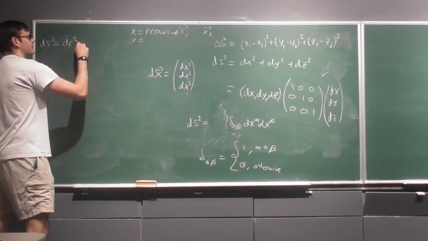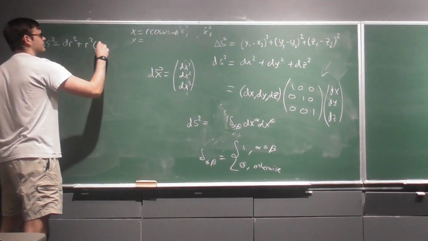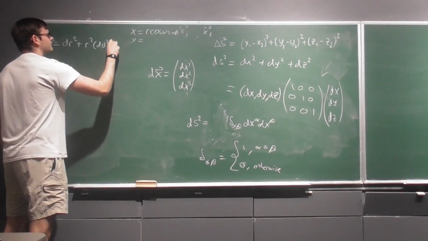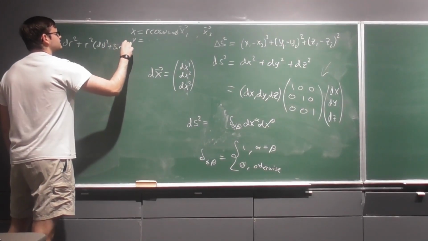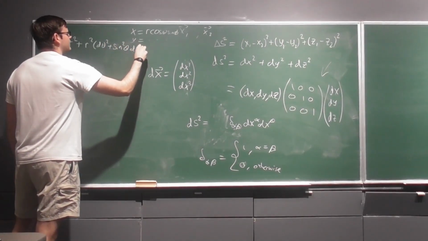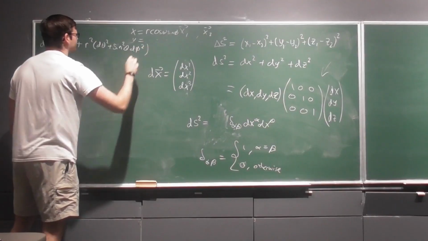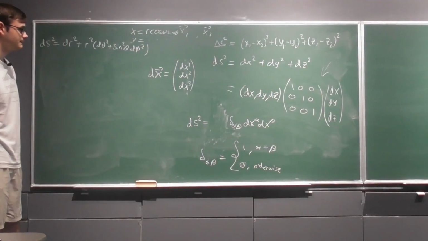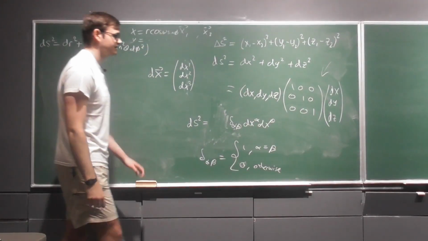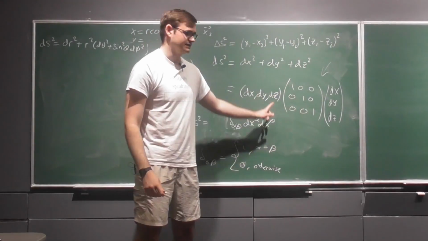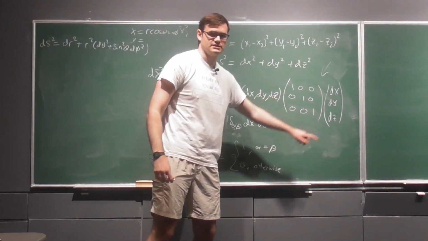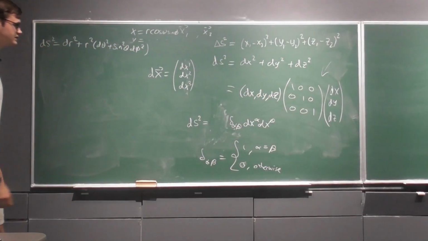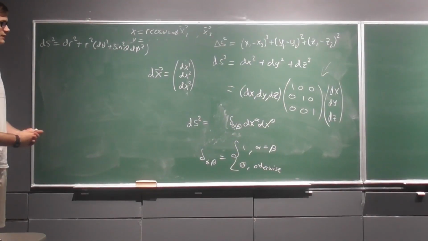It'll become dr squared plus r squared d theta squared plus r squared sine squared theta d phi squared. So it's a lot more complicated, and you'll see that the metric is no longer 1, 1, 1. It's actually like 1, r squared, r squared sine squared theta. So it can become a lot more complicated.